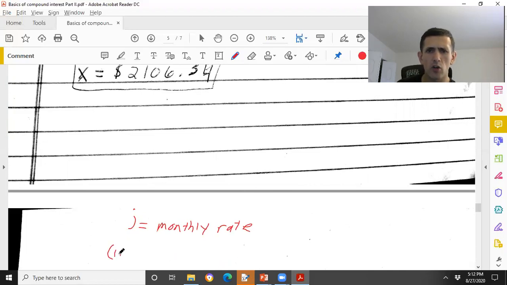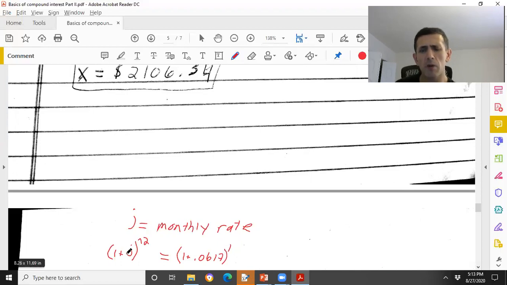Well, if we compound monthly interest 12 times, then that's the same thing as compounding yearly interest: 1 plus 0.0617 to the 1.